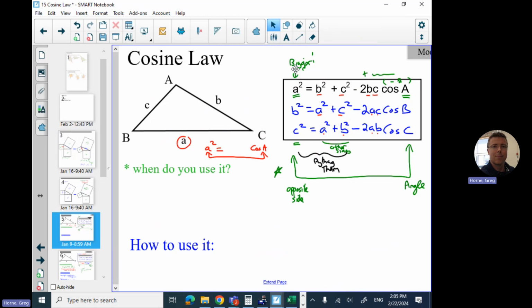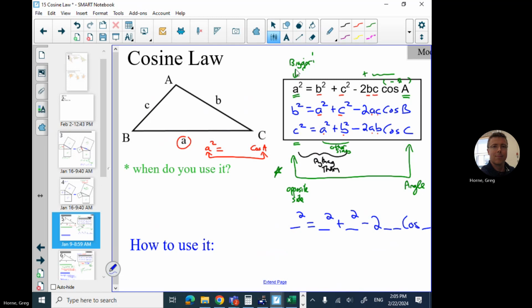You really only need to memorize the pattern, right? So cosine law, based on Pythagorean theorem, is this, where, like we said, this is side and opposite angle. And then really you just have other sides and other sides again. Thinking of it like this just makes it so much easier to deal with.